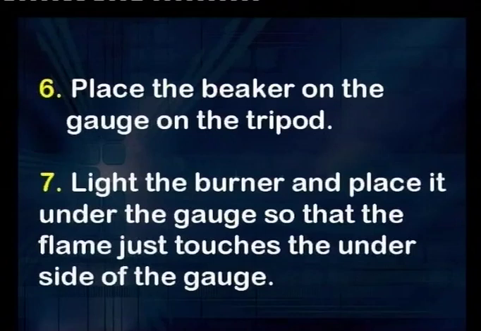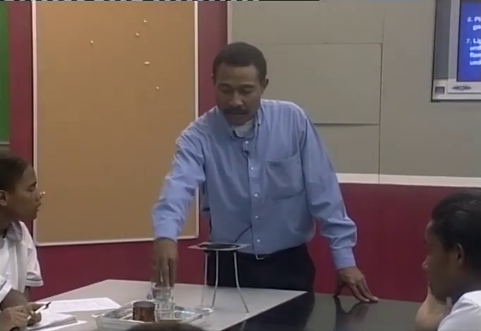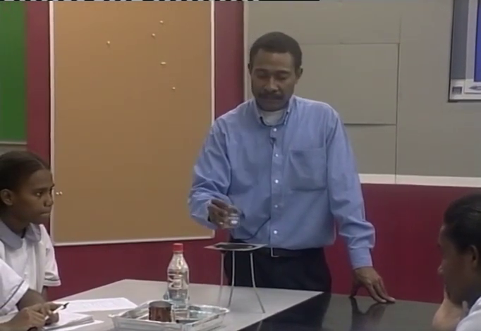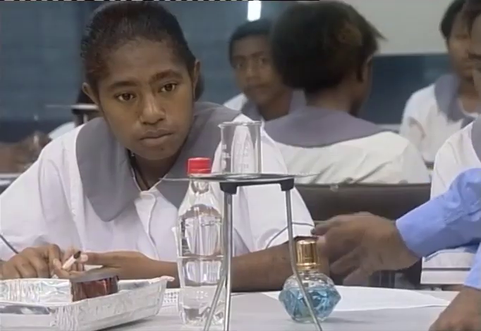And then you will place the beaker on the gauze on the tripod. You will light the burner and place it under the gauze so that the flame just touches the underside of the gauze. You get the burner, 50 milliliters of water, you put it on here. Before you light it, what do you do?